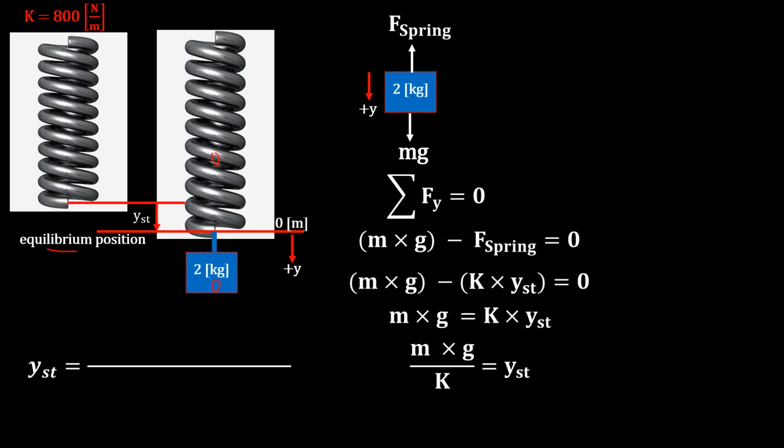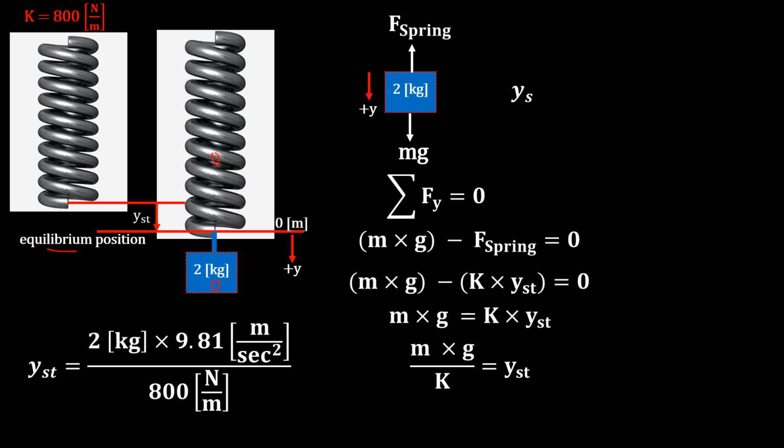So here y stretch is equal to what? 2 kilogram times 9.81 meter per second squared divided by the spring constant of 800 Newton over meter. So now when we plug this into our calculator, it will give us that the y stretch is 0.0245 meter.